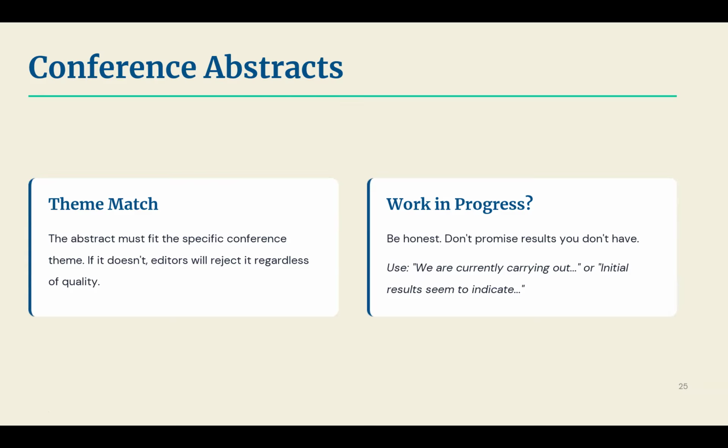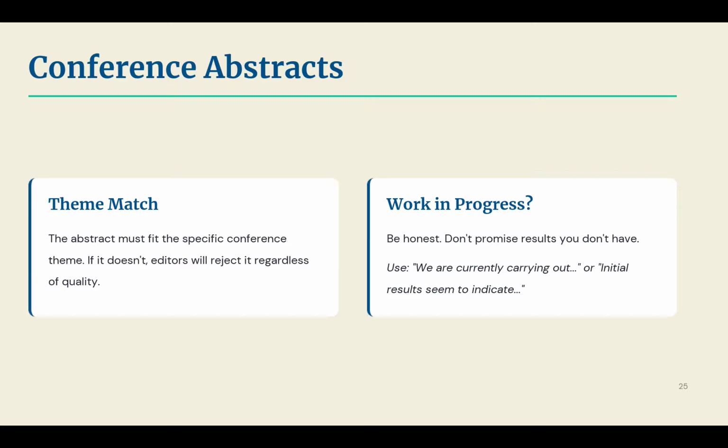The abstract must fit the specific conference theme, right? If it is not fitting the theme of the conference, they will simply reject it. They will not go into the detailed analysis of your abstract if it does not fit the theme of the conference.